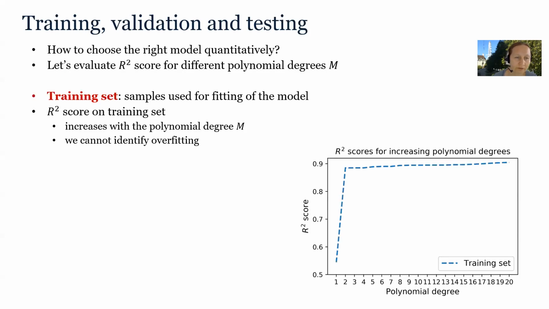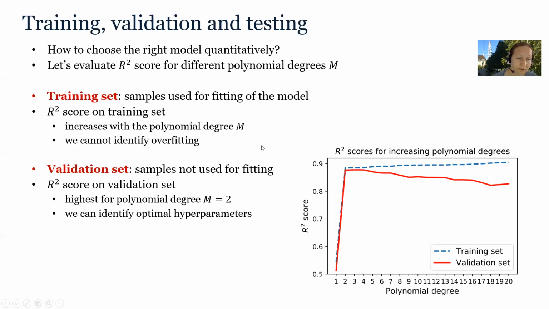So far, we have evaluated the R2 score on the same samples that were used in training. But if we do that, you can see that the R2 score will increase with increasing polynomial degree. So it will always increase with increased complexity of the model. So we cannot really identify overfitting.